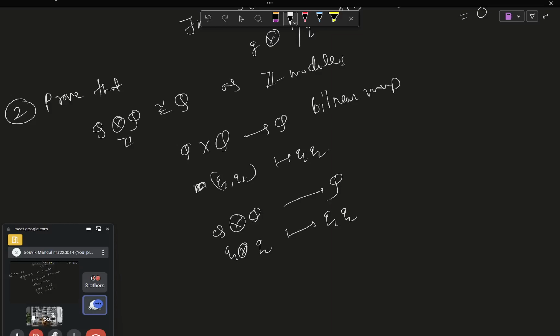Now, what is the reverse map? There is a map from Q to Q tensor Q. What is the map? q goes to 1 tensor q.